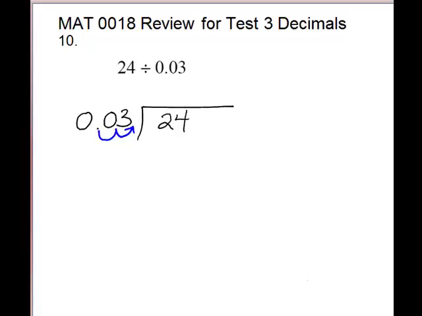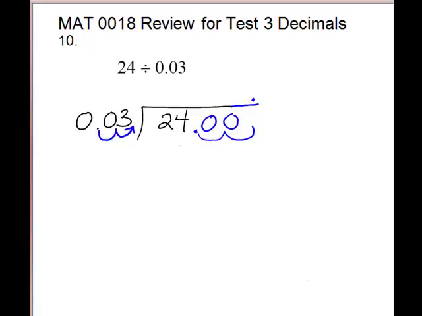We move 2 spaces, we move to the right. You have to do the same thing underneath. If you don't see a decimal, remember it's after the number. Now we have to move it 2 places to the right. So add your 2 zeros, move the decimal, and take it straight up. Then you're ready to divide.